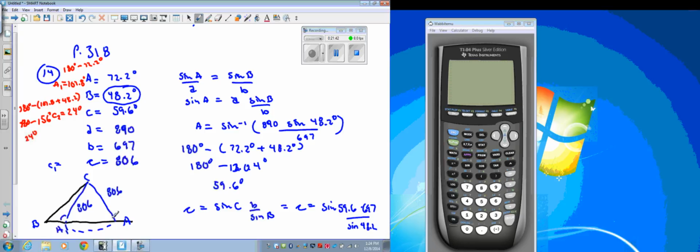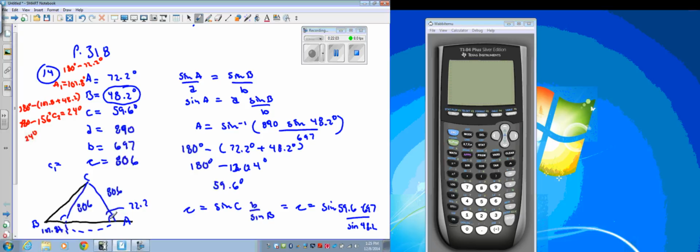Well, this angle right here is the 72.2, and this angle right here is the 107.8. This couldn't be an obtuse angle.